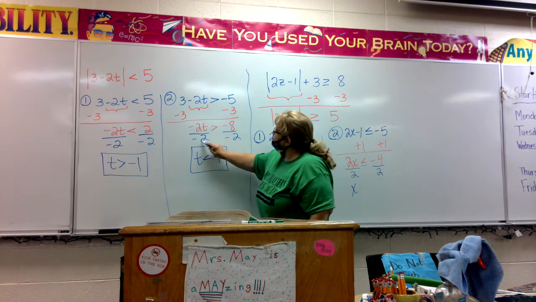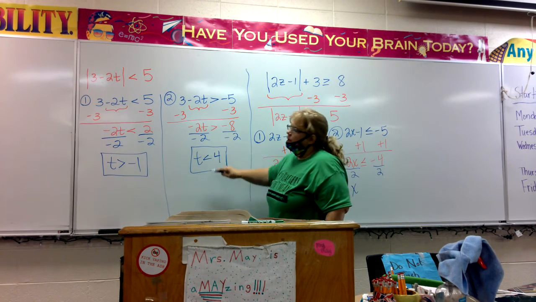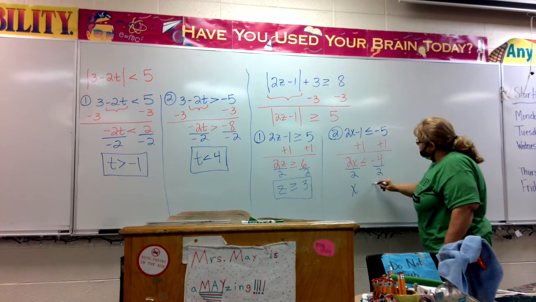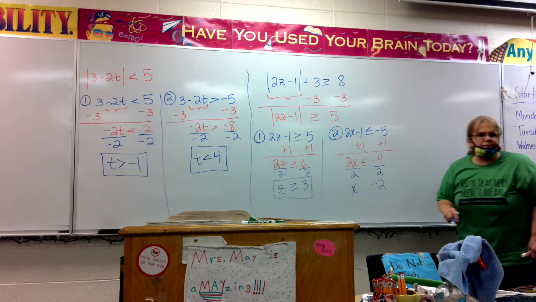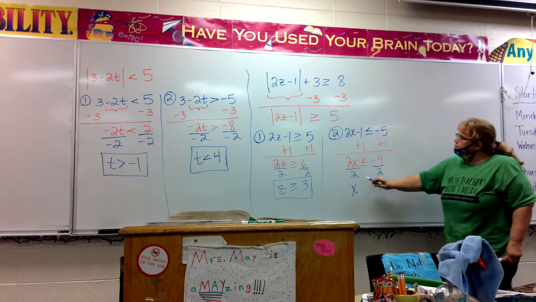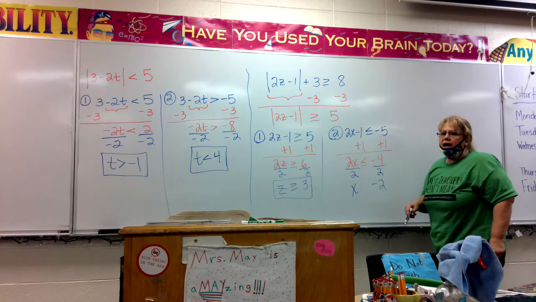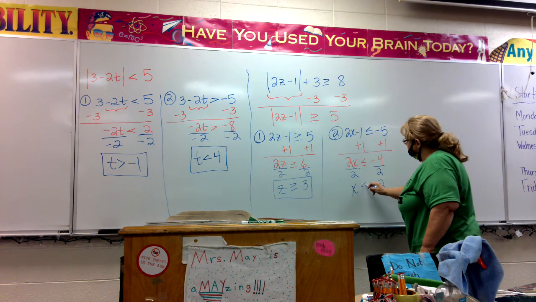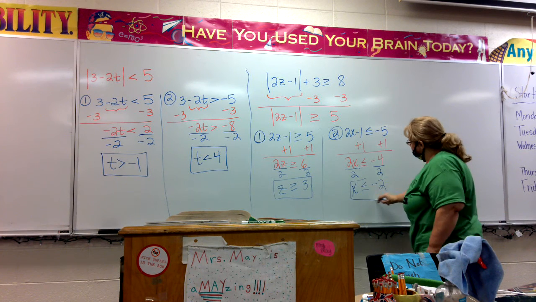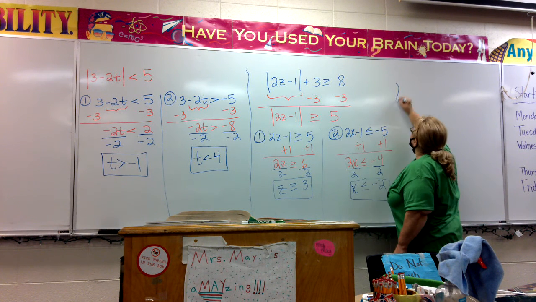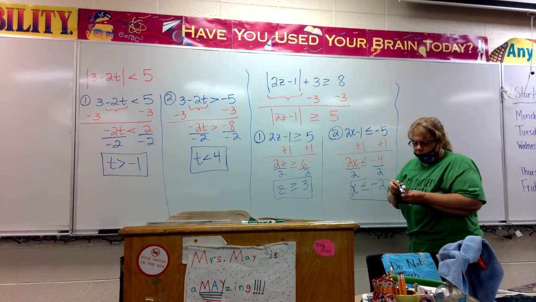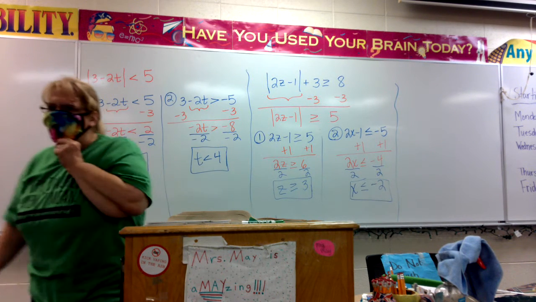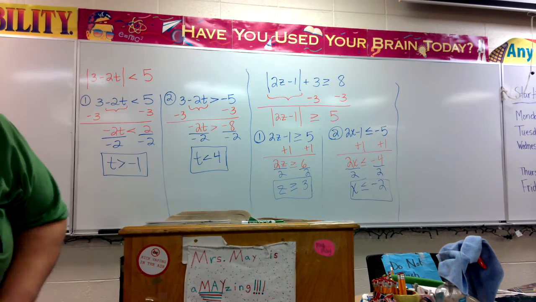You only flip when you divide by a negative. So even though your answer comes out to be a -2, you don't need to flip it because the thing you divided by is positive, not negative. So less than or equal to. Does that make sense? Perfectly clear?